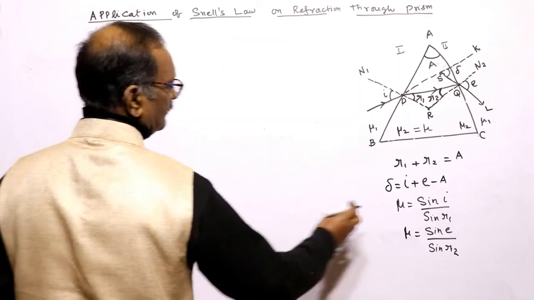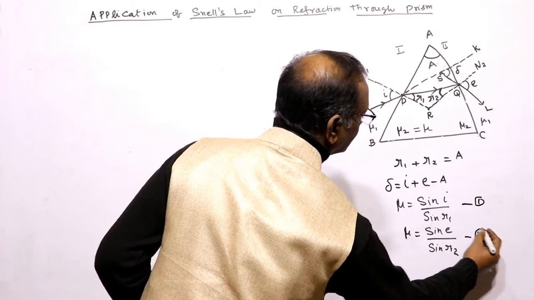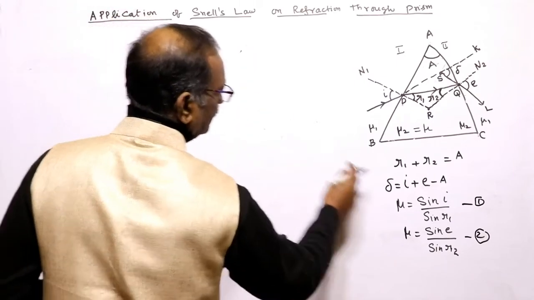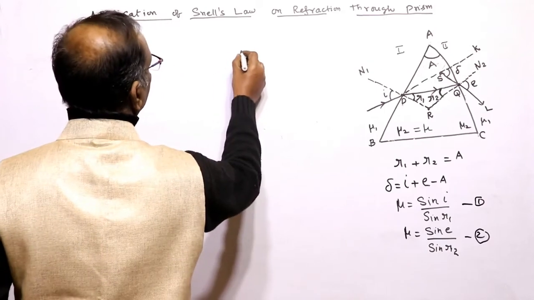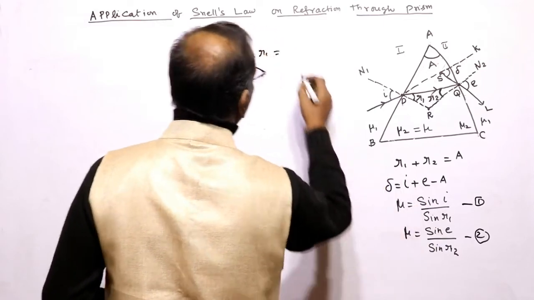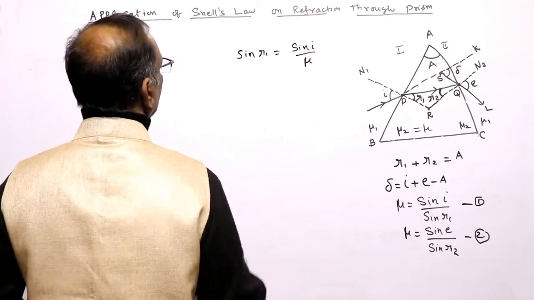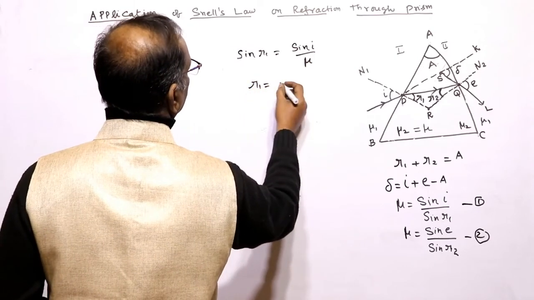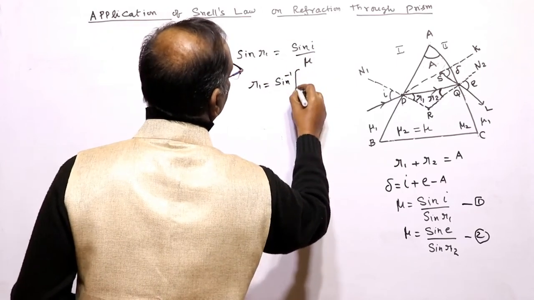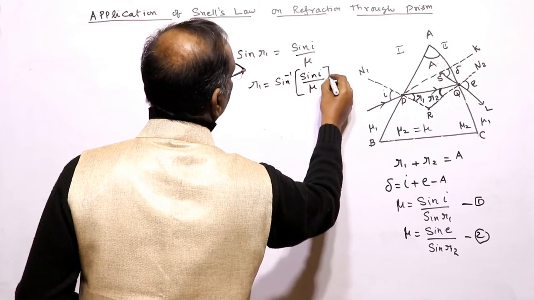Now, this is relation 1, this is relation 2. From relation 1 we can write sine of R1 is equal to sine of I divided by mu, or R1 is equal to sine inverse of sine of I by mu.